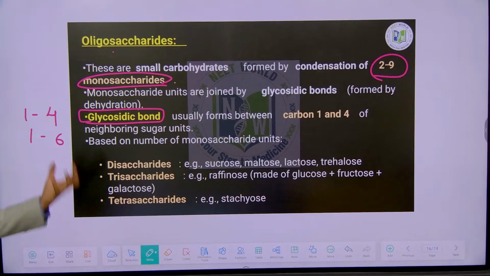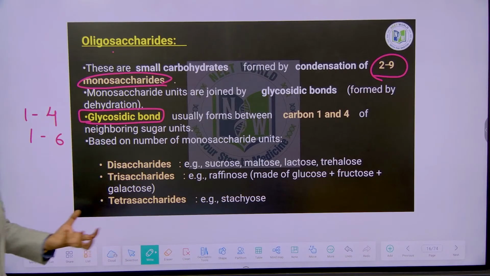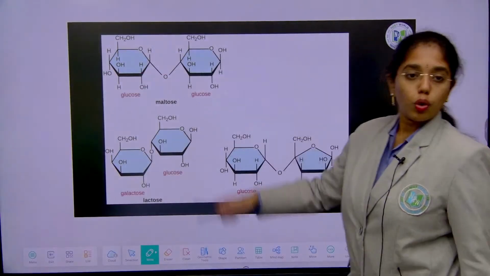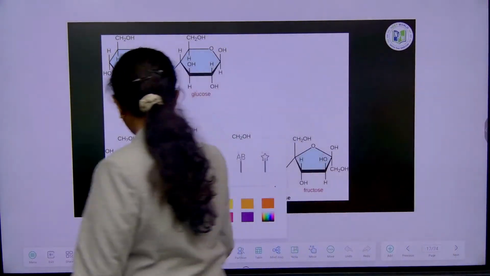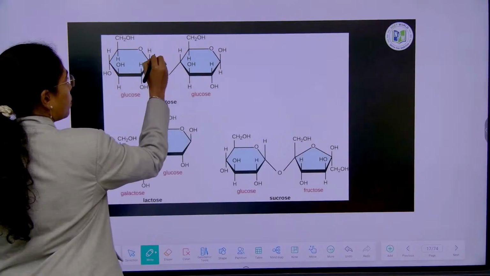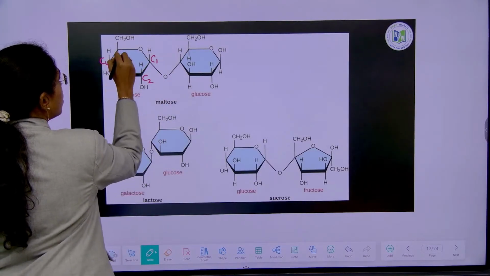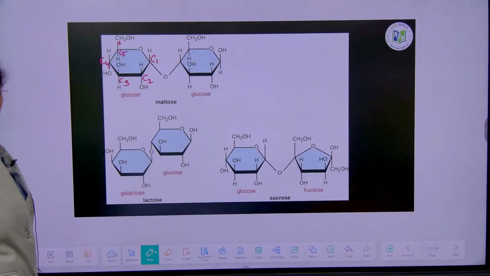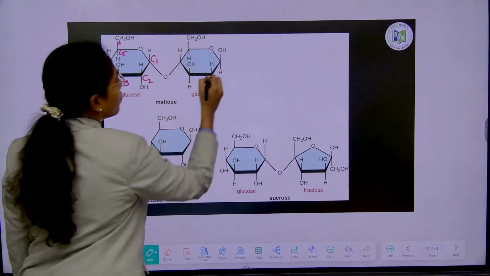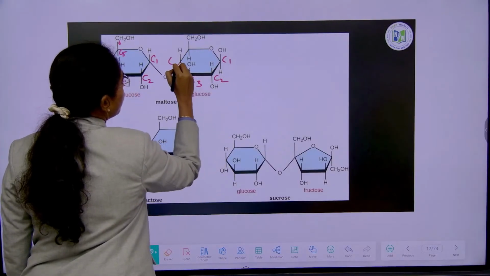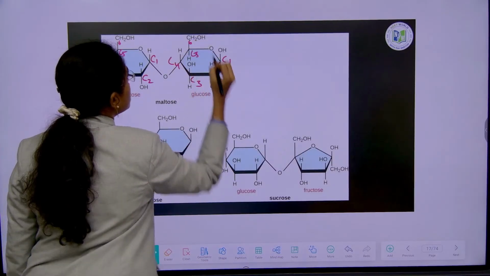It can be 1,4 glycosidic bond, alpha 1,4 glycosidic bond, or beta 1,4 glycosidic bond, or 1,6 glycosidic bond. What does this 1,4 and 1,6 mean? You see here. This is glucose. How will you start numbering from this structure? If you remember, this is C1, C2, C3, C4, C5 and C6. 6 carbons, right? And here also C1, 2, 3, 4, 5 and 6.